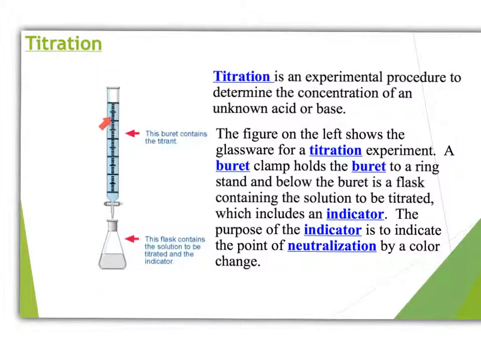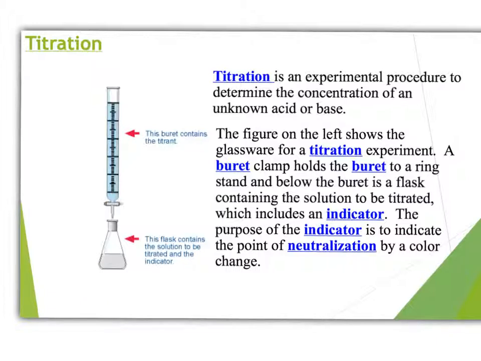We will add the chemical from the burette drop by drop until we see a color change occur within the flask. This will signal the point of neutralization, and we can use the amount of the chemical in the burette and the amount of the chemical in the flask to mathematically calculate the strength of our unknown chemical.